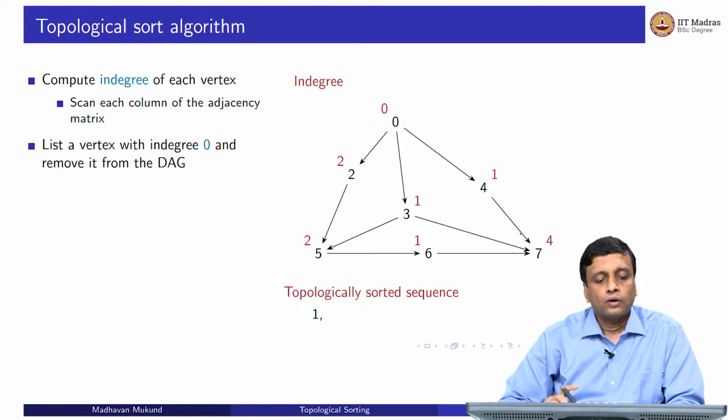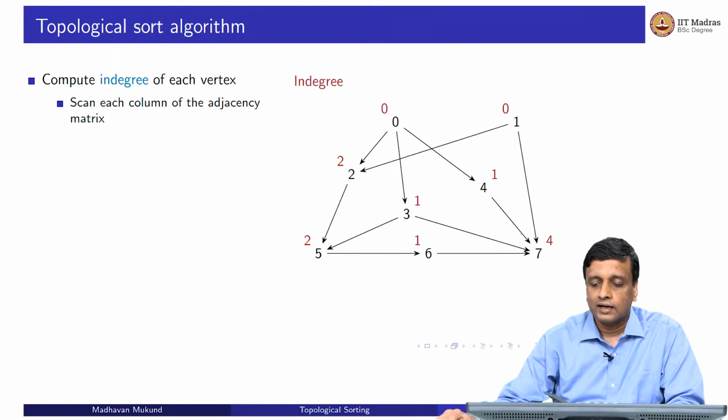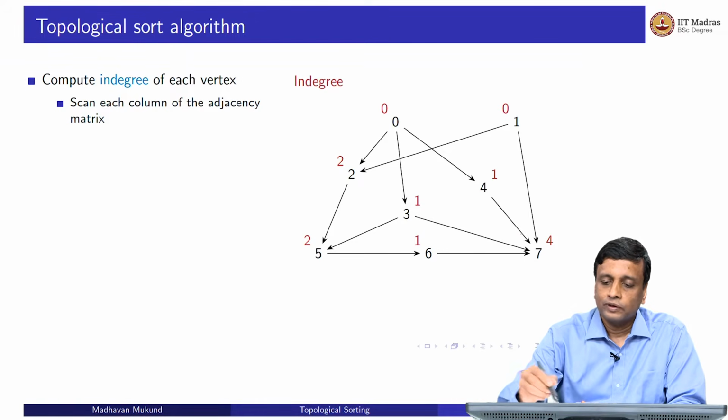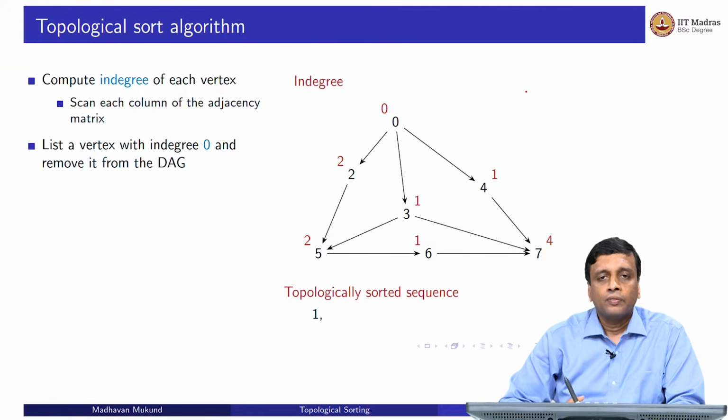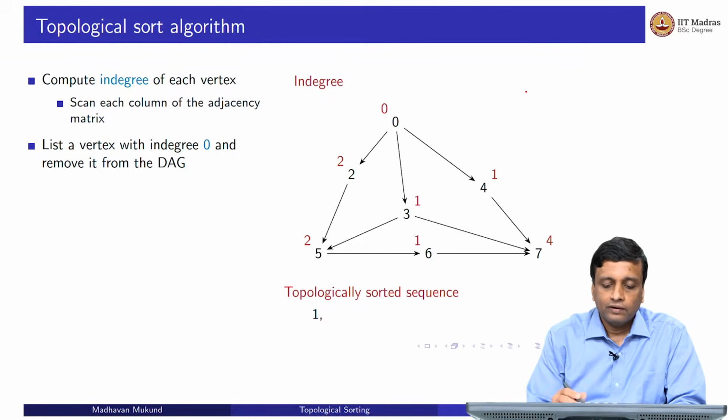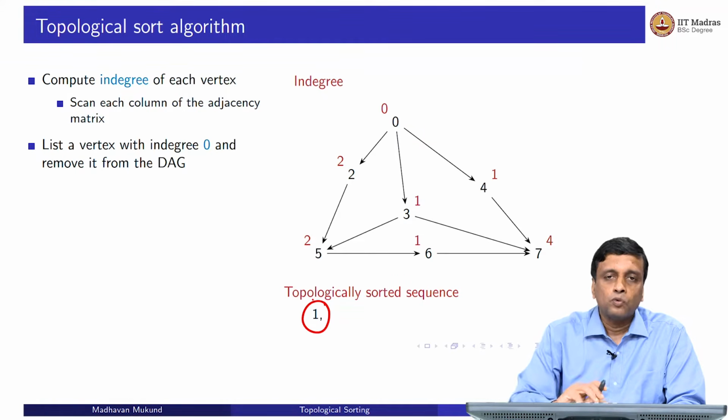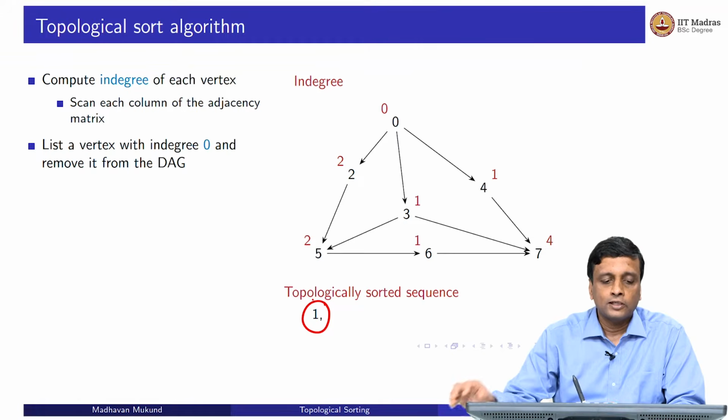So now our algorithm says pick any vertex which has in degree 0, eliminate it and remove it from the DAG. In this case, let us start with 1. We could choose this or this, but we happen to start with this. So we remove vertex 1, and now we have a new DAG. We have enumerated 1, so we can output this as the first element in our topologically sorted sequence, but we also have to correspondingly recompute the degrees.